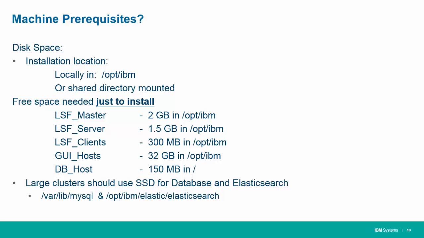It's going to see if it has enough space for essentially Elasticsearch and its shards. For the database, you're going to need a minimum of 150 megabytes, but that's going to grow. For large clusters, we would recommend using SSDs for the database and for the Elasticsearch shards, and they're found in /var/lib/mysql and /opt/ibm/elasticsearch.